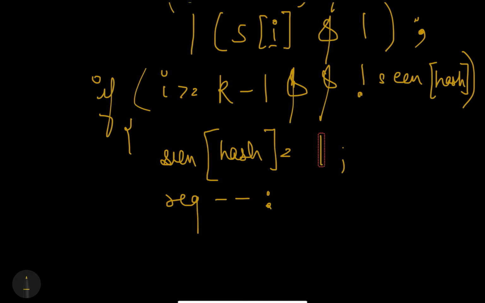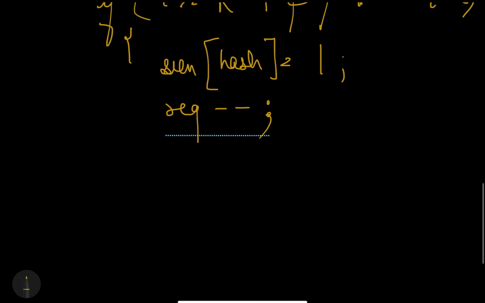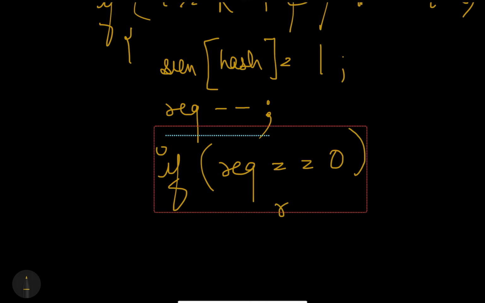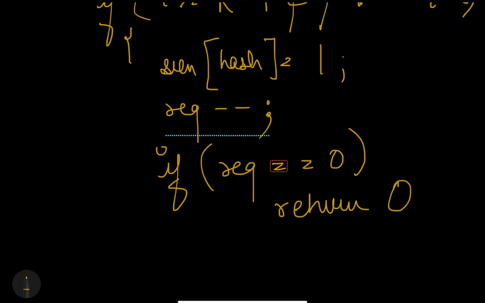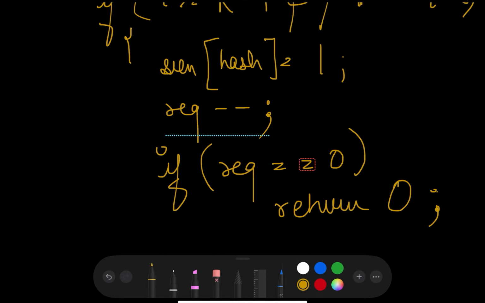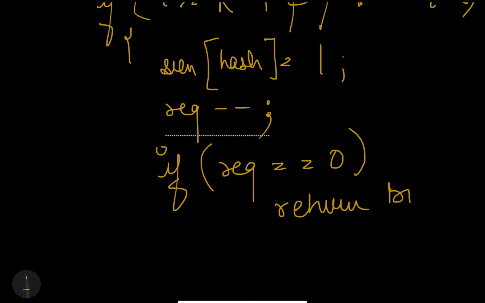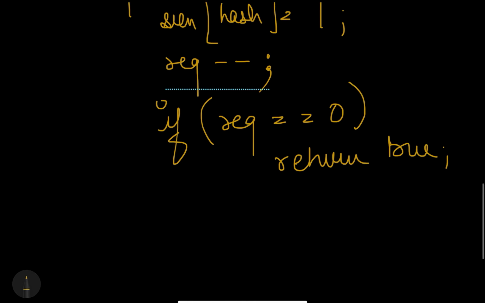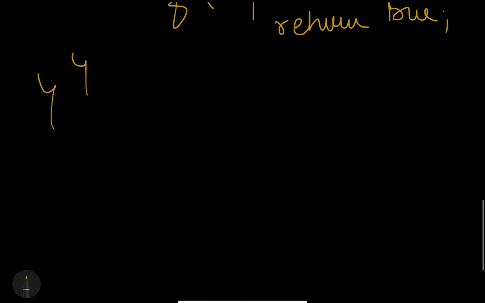We have found one string, so the required count that we have to find, we'll decrease it, and if required is equal to 0 and we have found all the substrings, then we'll return 1, which is true. Simply we can write true also. So return true. And if after iterating over the entire string we haven't found all the substrings, then we'll simply return false.